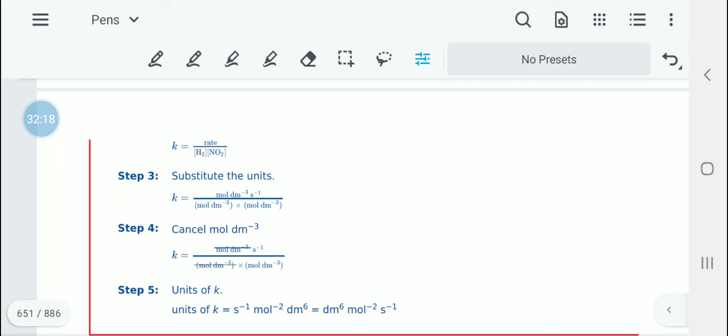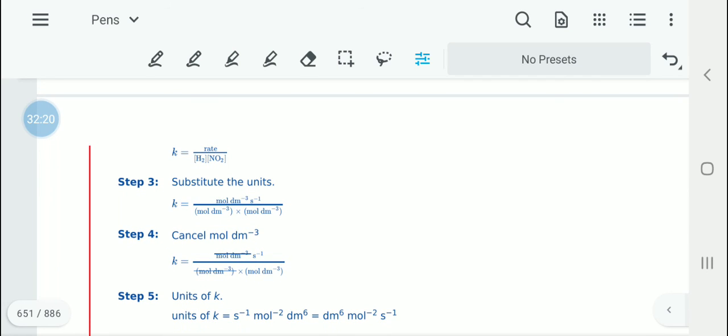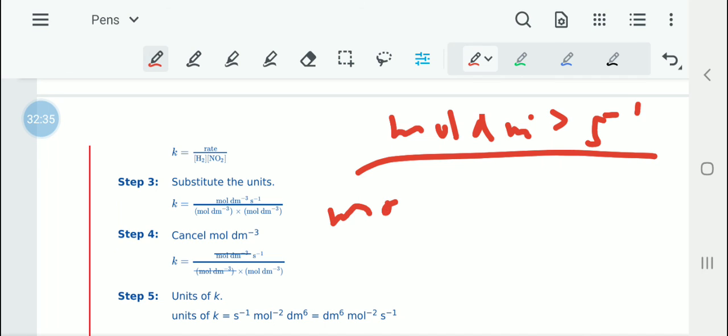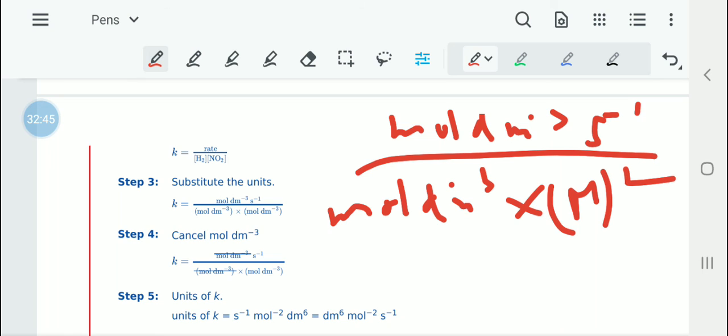The top one is going to be mole per dm^3 per second, divided by, for hydrogen, mole per cubic decimeter. For NO squared, if I write it as mole per cubic decimeter, it has to be powered by 2: mole per cubic decimeter squared. So then you will be able to reach your answer.